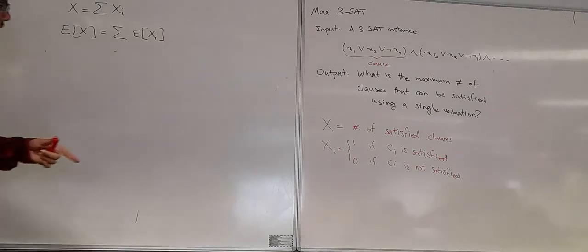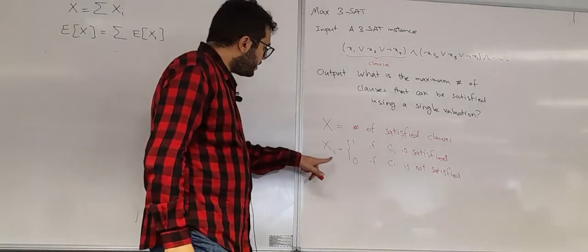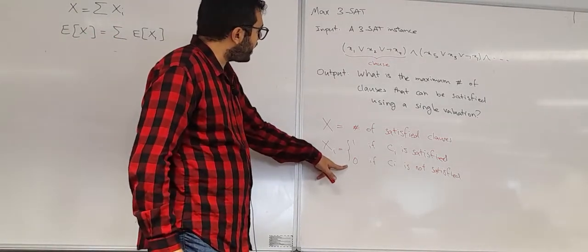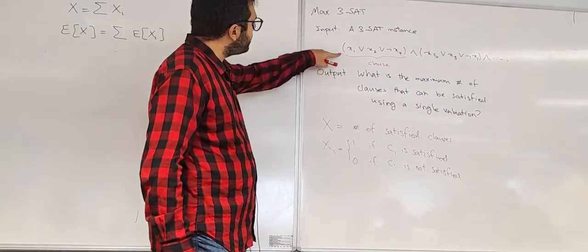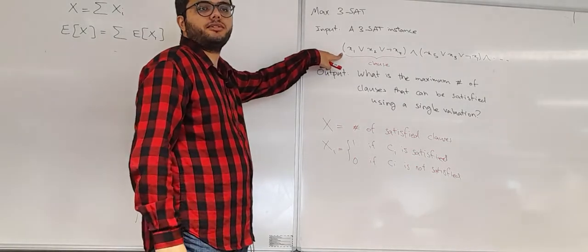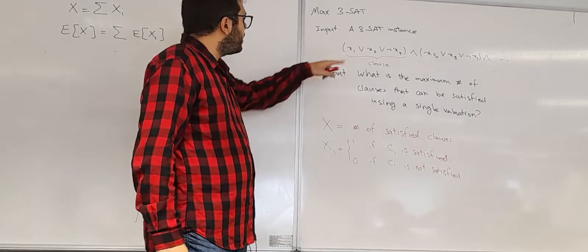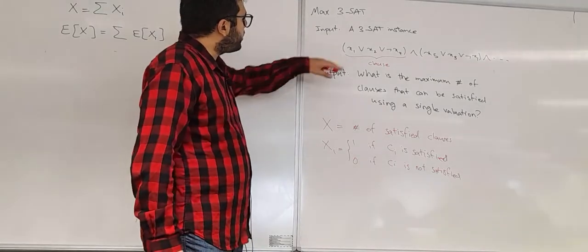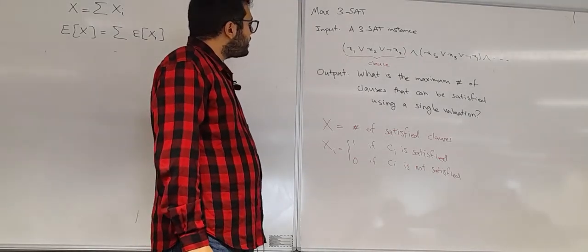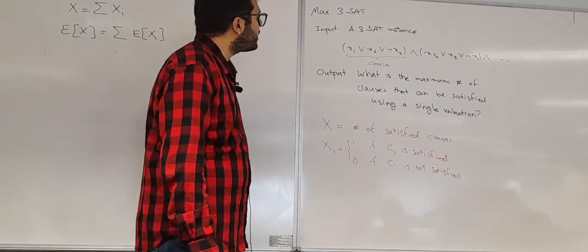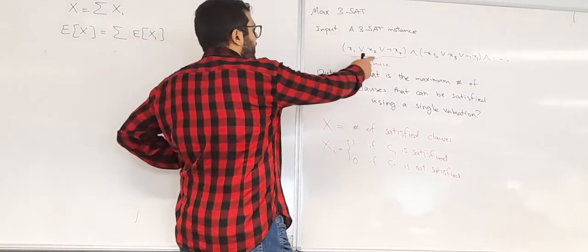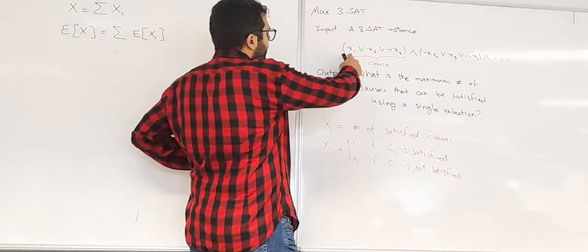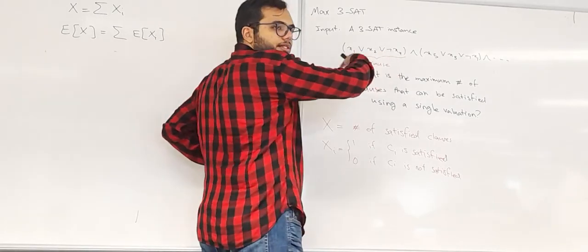But what is the expected value of an xi? Since this is an indicator variable, the expected value is just the probability that this particular clause holds. Now, you can compute that easily. Let's say that no clause touches the same variable more than once, so I don't want to have x1 or x2 or x2, because that's weird.